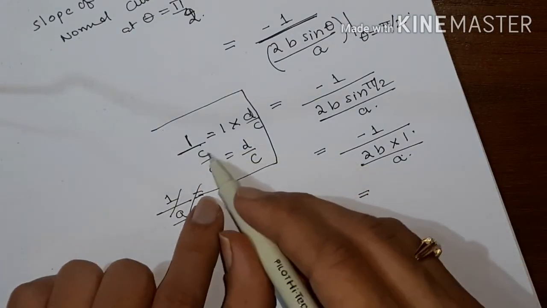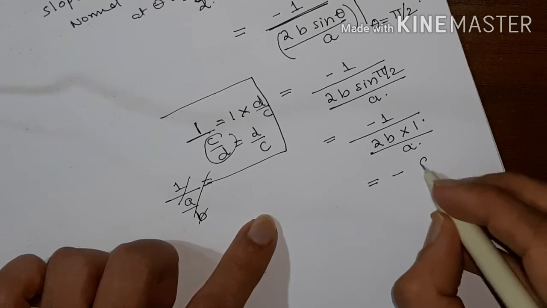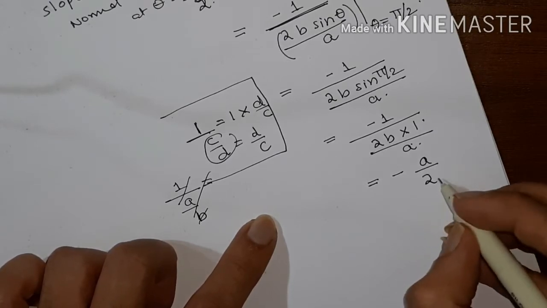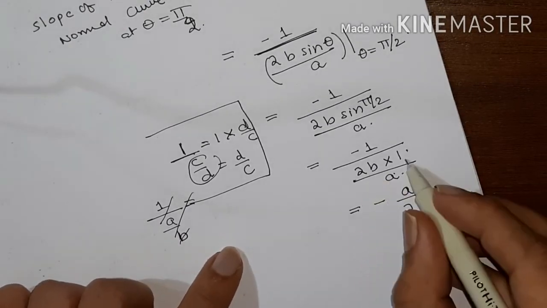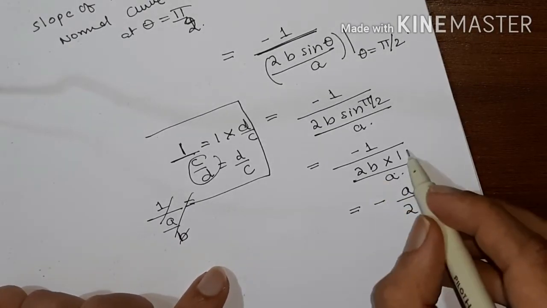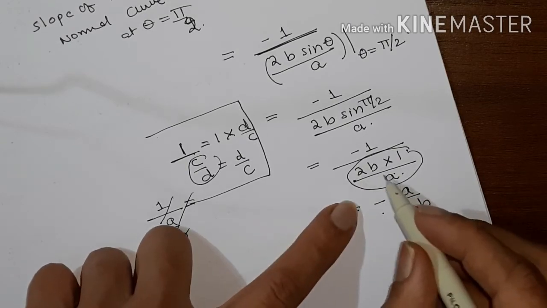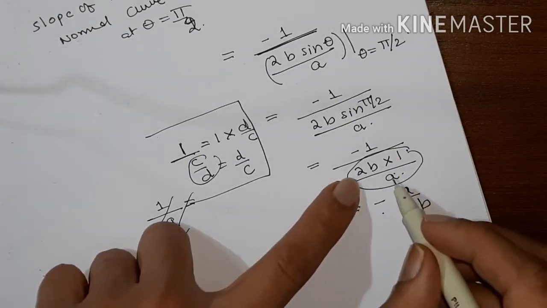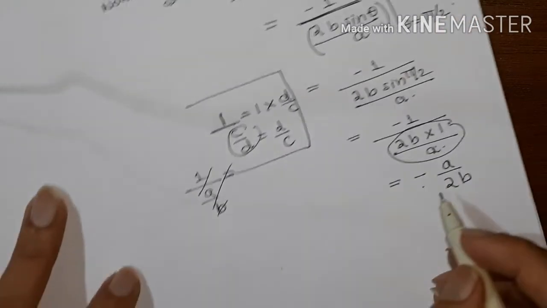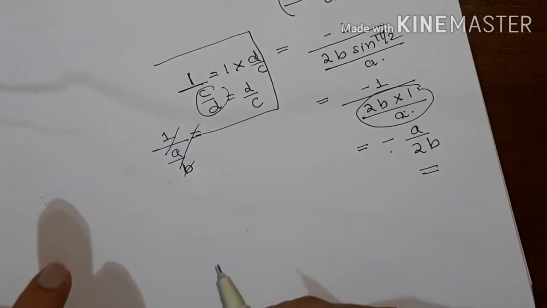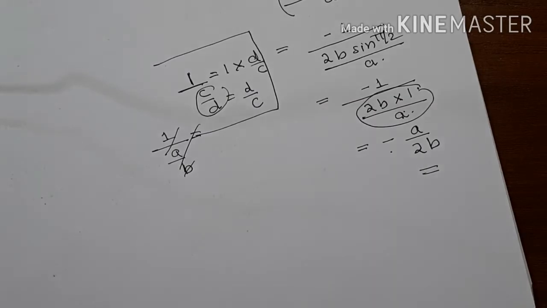You get the reciprocal. So here you get minus a divided by 2b, because 2b into 1 is 2b, and the reciprocal of this gives minus a divided by 2b. So this is the answer of problem number 6.